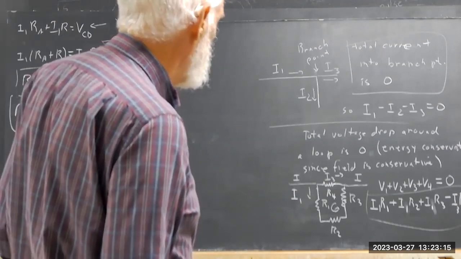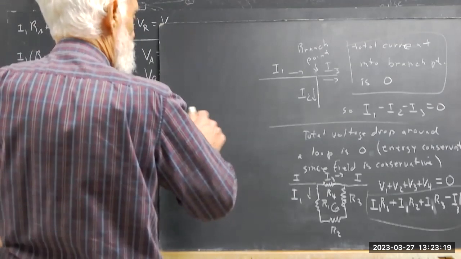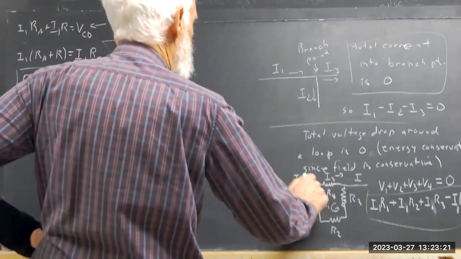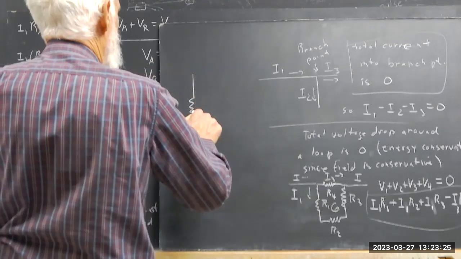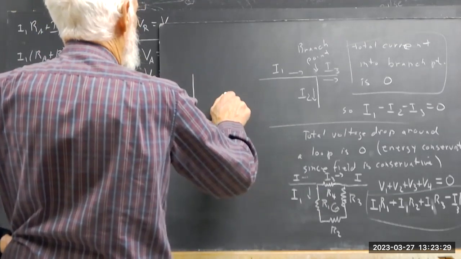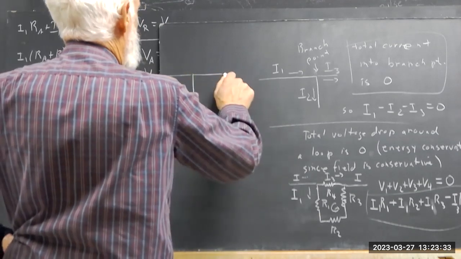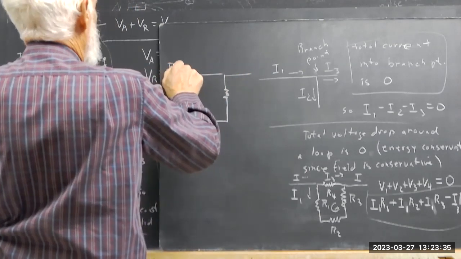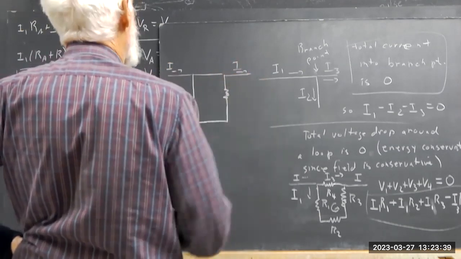Now let's make this more complex. So let's say I've got a network like so. I have a current I going in here, a current I going out there.